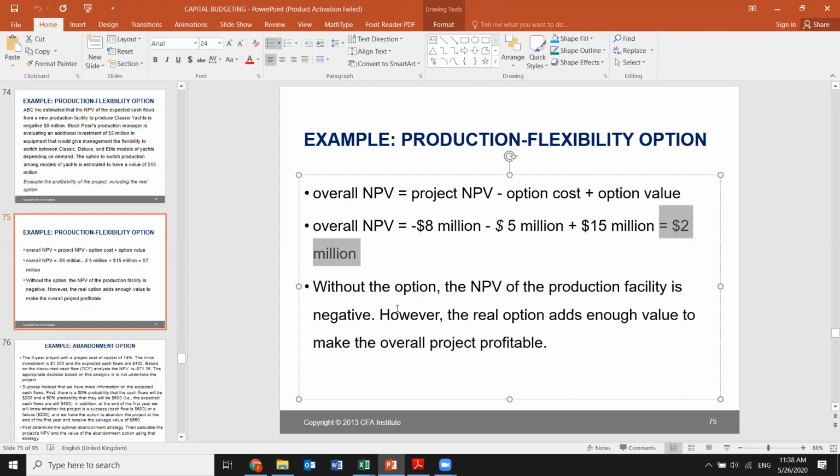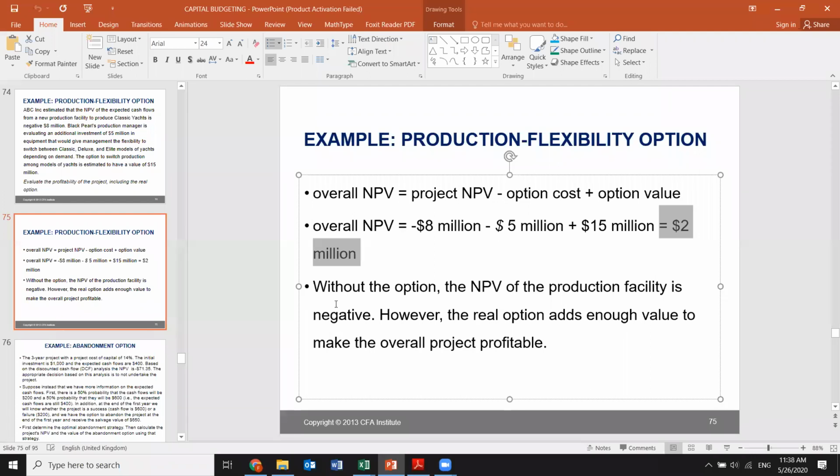So without the option, the NPV of the production facility is negative, but when we use the real option that increases the value, that makes the project actually profitable. So this is a decision we can make, but it's not an obligation. It's a kind of right given to you. You can implement it, or you may just decide to leave it. It's up to you, guys.